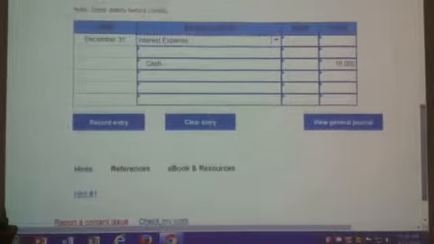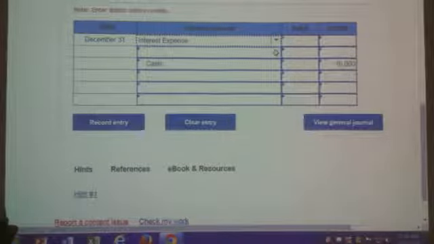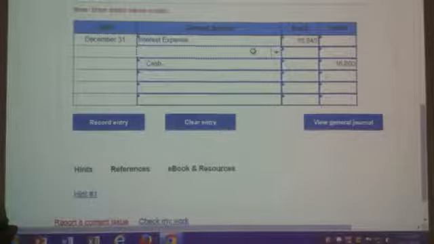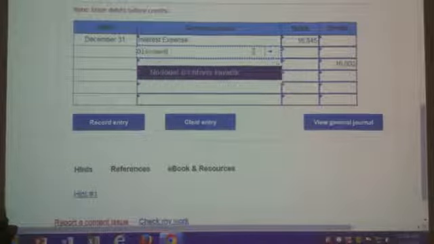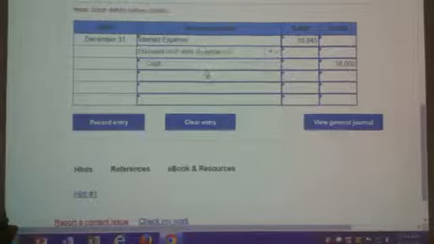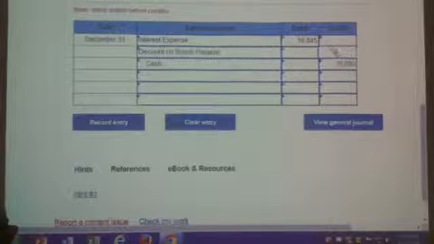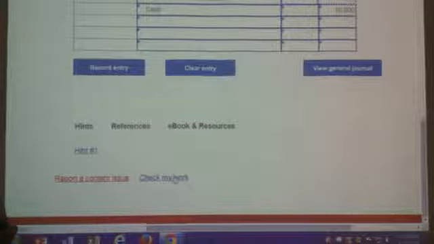So 187,163 times 9% gives us 16,845. The amount that will be amortized to the discount on the bonds is the difference between 16,845 and 16,000. That is 845.